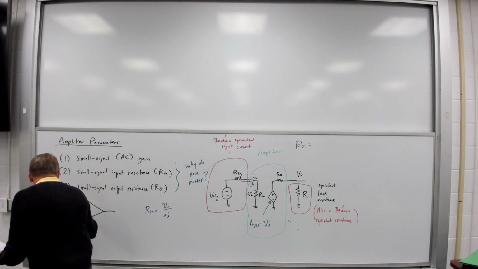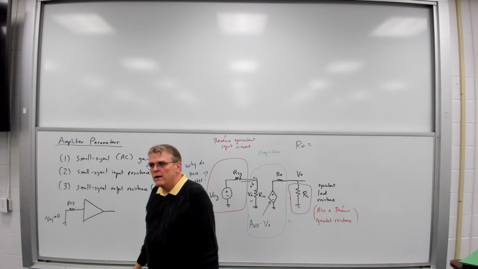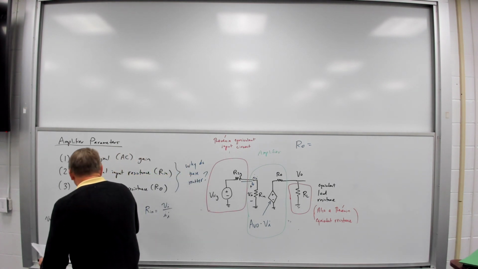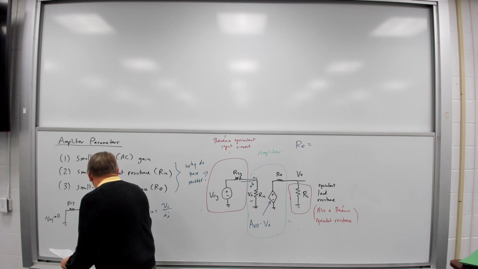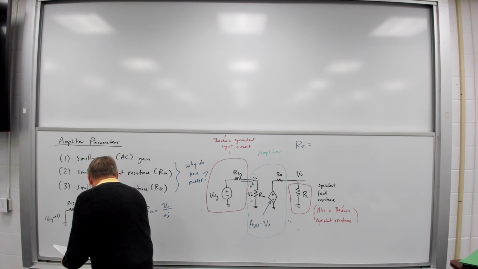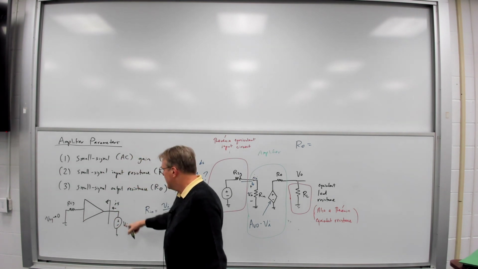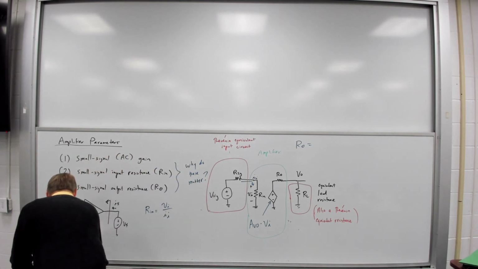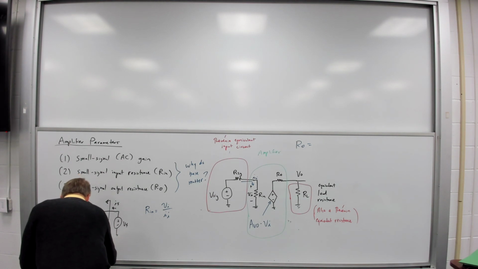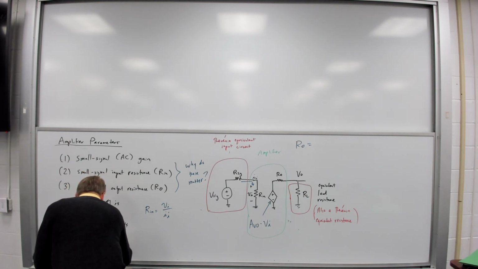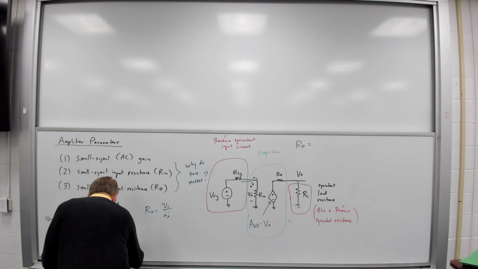So all I've got left is R sig. Once I do that, if I want to calculate the output resistance, here is my I sub x. I'm going to use the source driving technique. Here's V sub x. And then R sub O, in this case, will be equal to V_x over I_x when V sig is equal to 0.